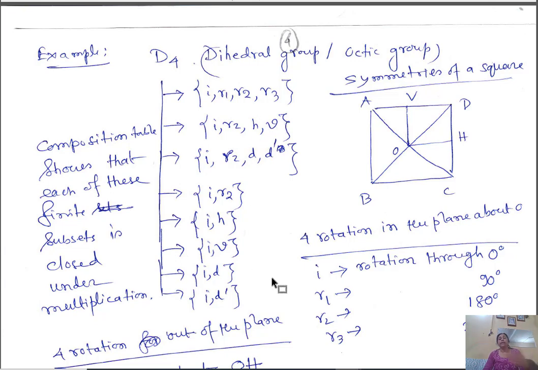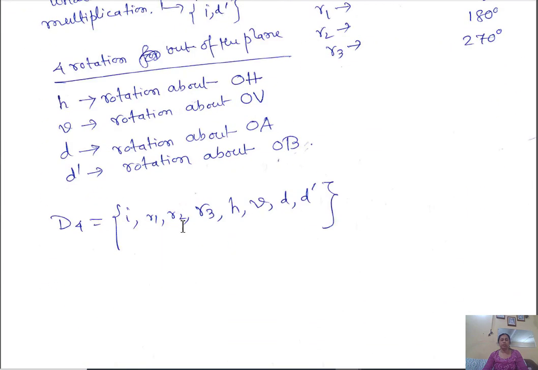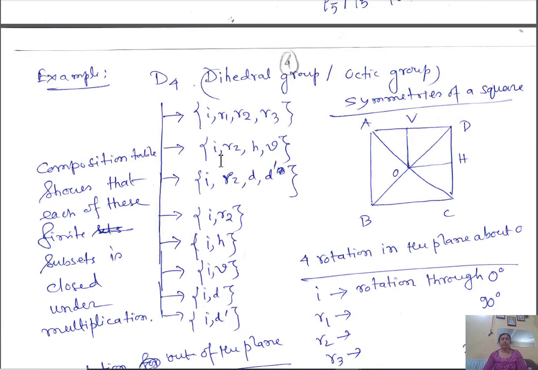Okay, so 8 elements. And you can check that each of these subsets forms a subgroup. So you can construct the composition table for this. I have not computed it here. You can check that this composition table is closed.